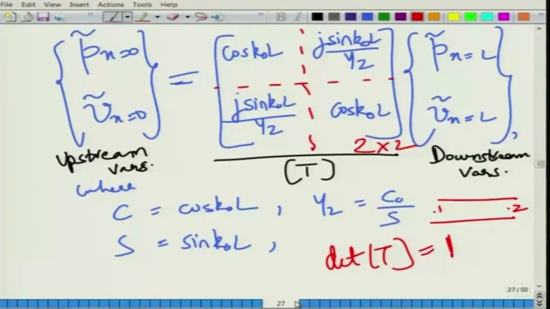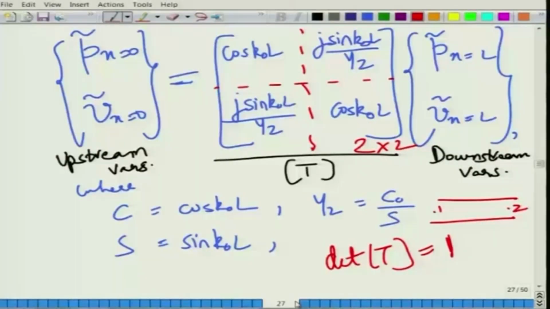That is characteristic of the fact that this is a uniform tube. Even if you reverse the element, the transfer matrix would be the same. Later in the course we will come up with an impedance matrix when we deal with network analysis, and try to correlate this. But for now, our bread and butter is the transfer matrix.